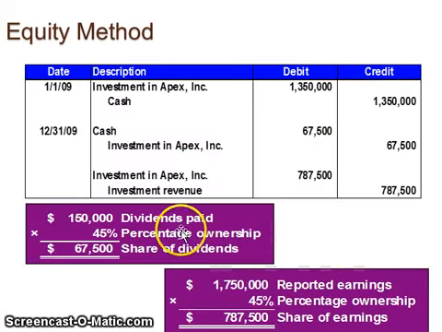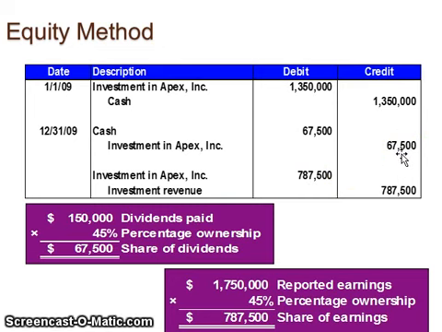The dividends paid out actually reduce the value of the company if you think about it, because it's cash you're paying out. There are $150,000 in dividends paid by Apex. We have a 45% ownership, so our piece of those dividends is $67,500. That actually decreases our value in Apex.